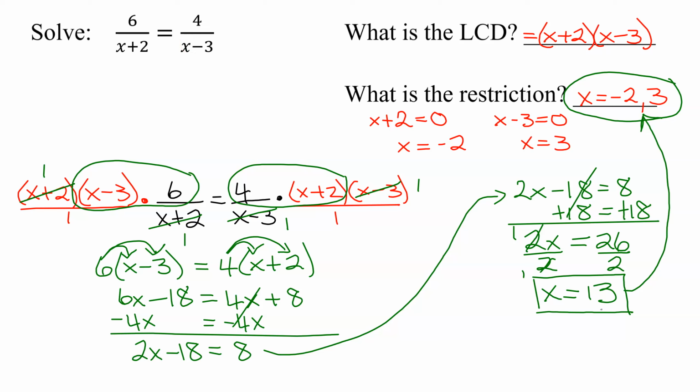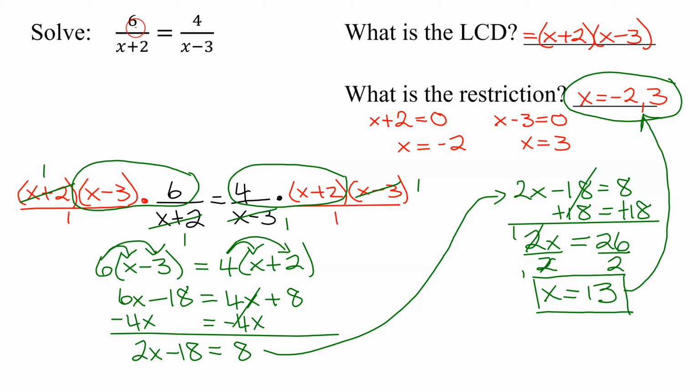One last thing I wanted to point out is I solved this by the general method that works on all rational equations. This is a special type of rational equation when you have one fraction equals another, just one term on each side. That is the case where you can cross multiply.